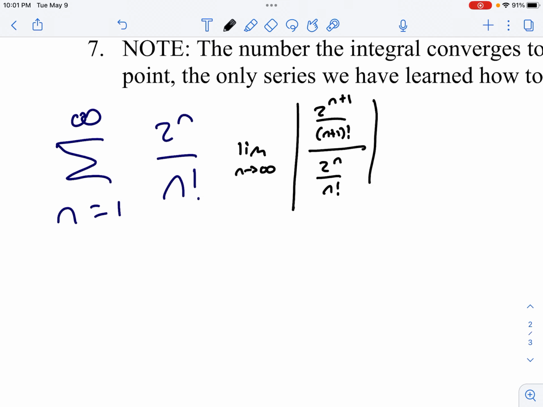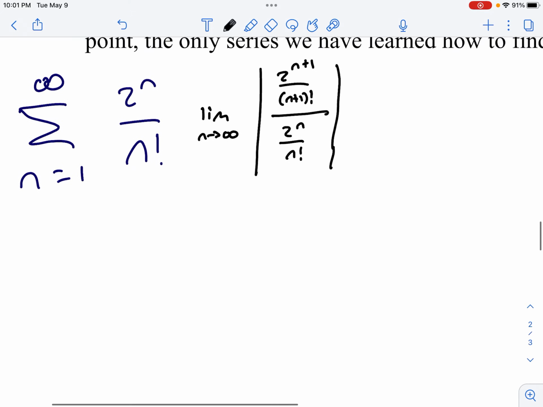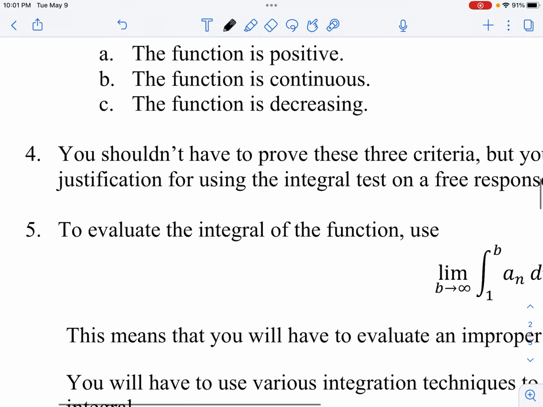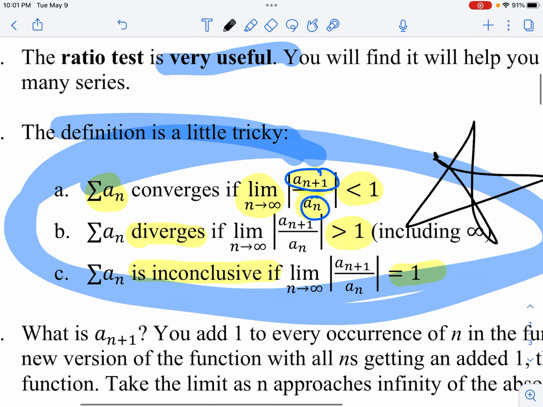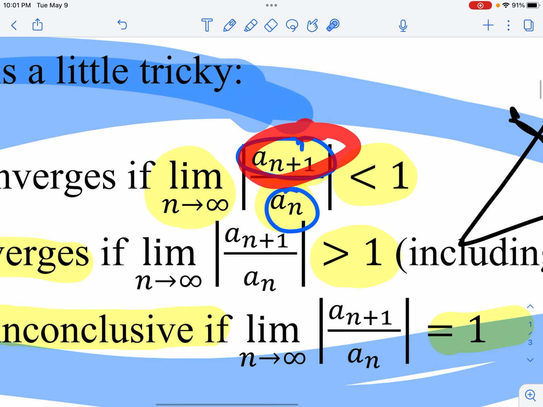I wrote it like that so you could see, from our instructions, we have a sub n plus 1 over a sub n. So that's where that comes from. We have that fraction divided by another fraction.